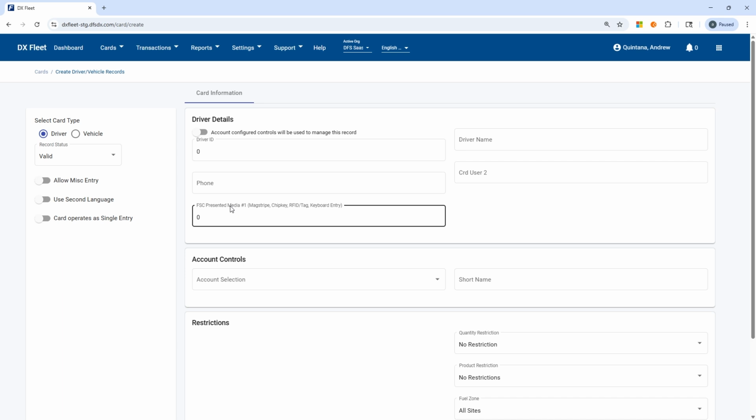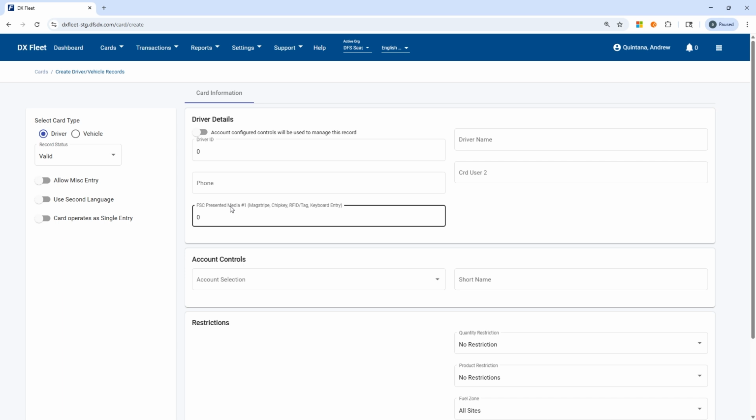So when you think of card, don't necessarily think of one type of credit card type plastic that's going to be used. Your card in DXFleet can very well be just a number that's typed on a keyboard at the time of fuel. So when we're talking about cards, we're just meaning the number that's being read at the time of fuel that allows your pump to turn on and allow you to fuel.